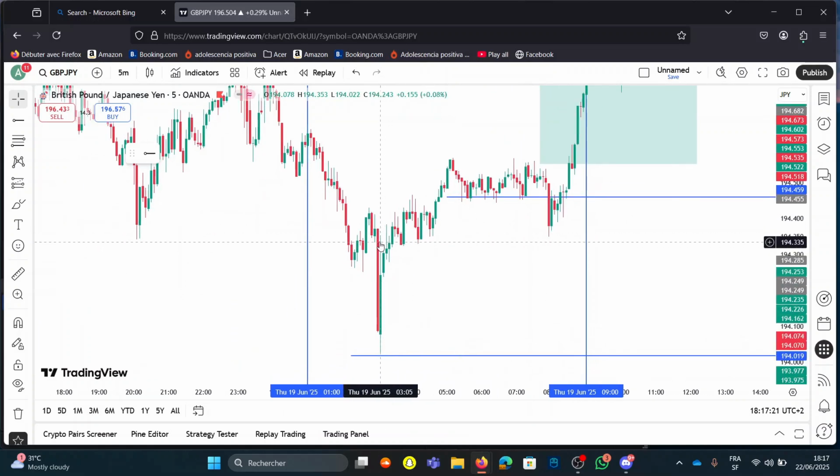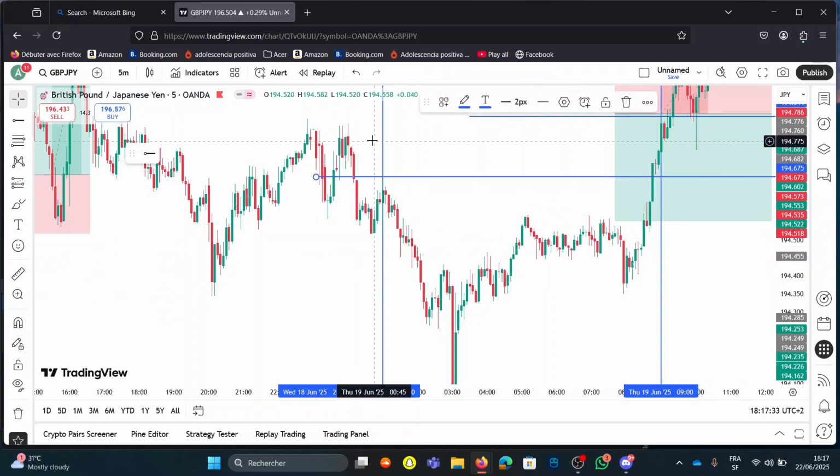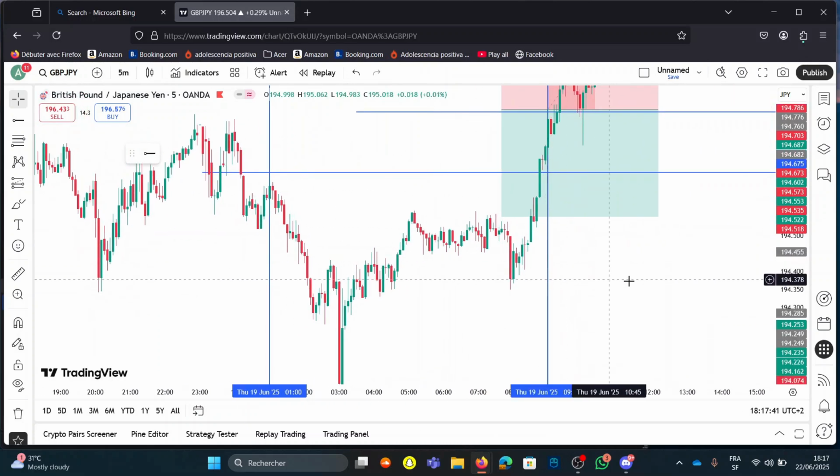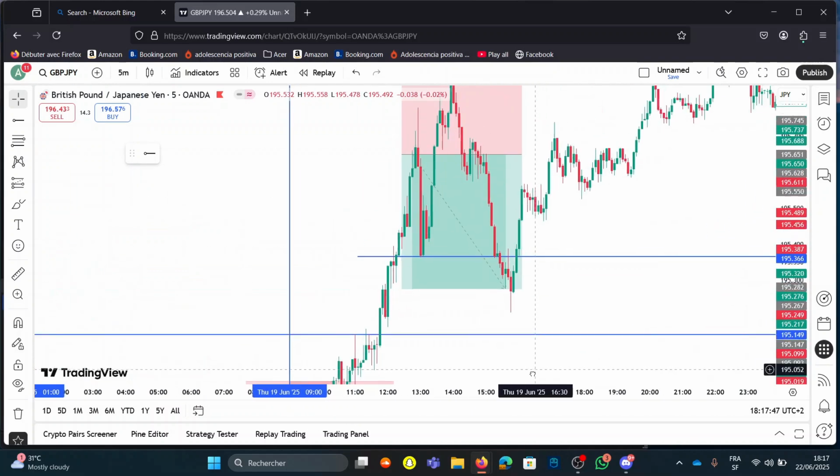Obviously, it's a liquidity sweep, or maybe this one. It goes under the leg here and under the previous low. So that is the first error not to make.